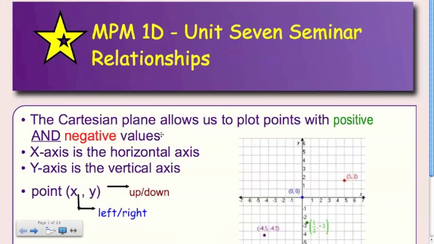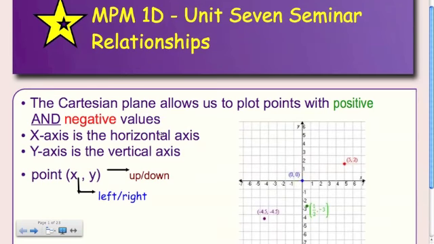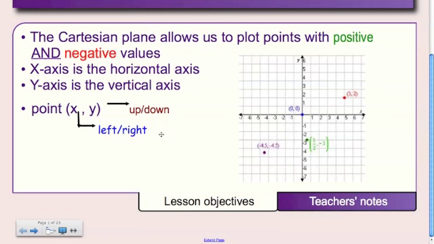So first, very simple, we call this the Cartesian plane, where the x-axis is our horizontal axis and the y-axis is the vertical axis. Whenever you're asked to do something as simple as plotting points, your x coordinate is always first, where you're either moving left or right. Left if it's negative, right if it's positive.